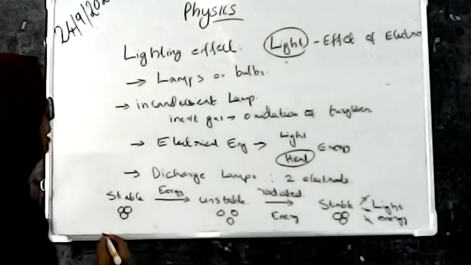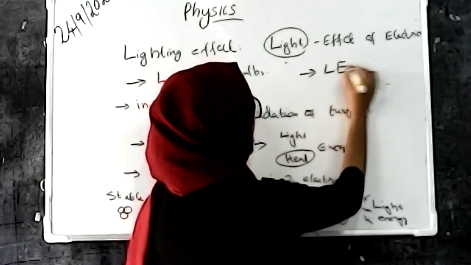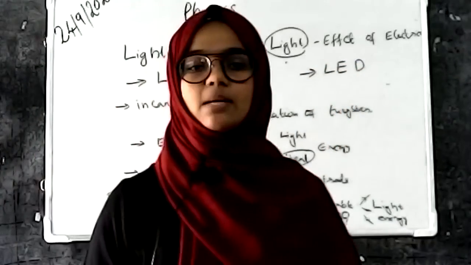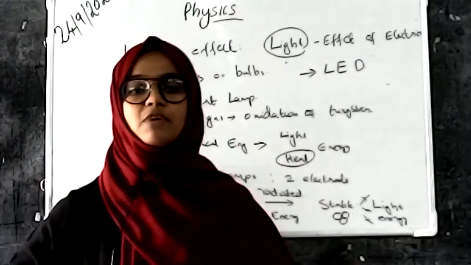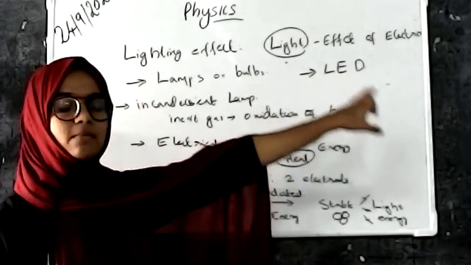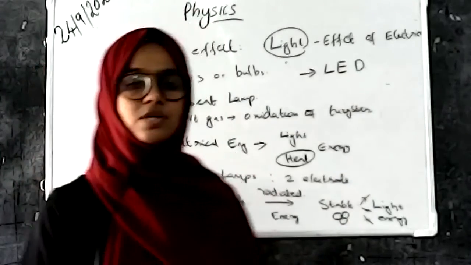What is an LED bulb? LED bulbs are light emitting diode bulbs, and we have many details to discuss about them. These are very effective and efficient bulbs.